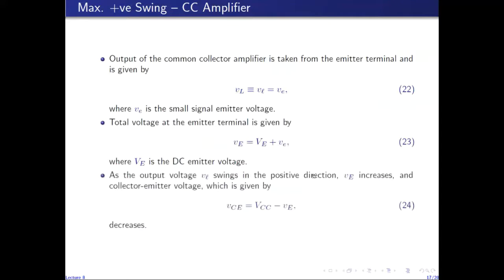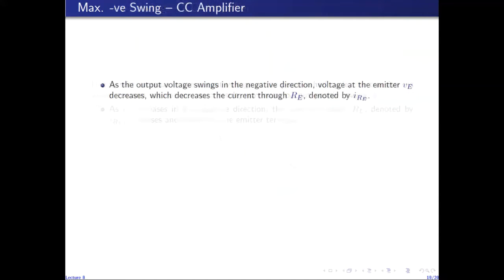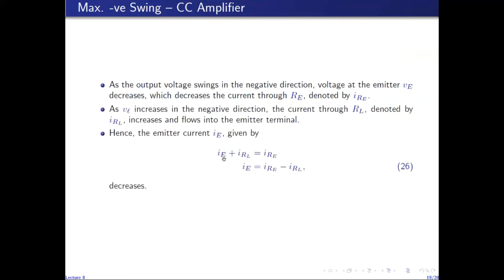So if I show the equation, the emitter current plus the current through RL, which now flows upwards into the emitter terminal, is equal to the current through RE. So the emitter current is the current through RE minus the current through RL. The current through RE is decreasing, and the current through RL, like I said, is increasing. So when this is decreasing and this is increasing, IE will decrease.